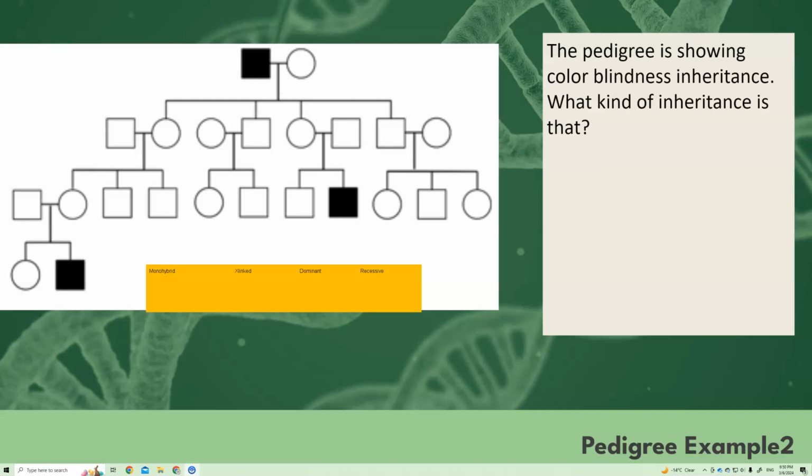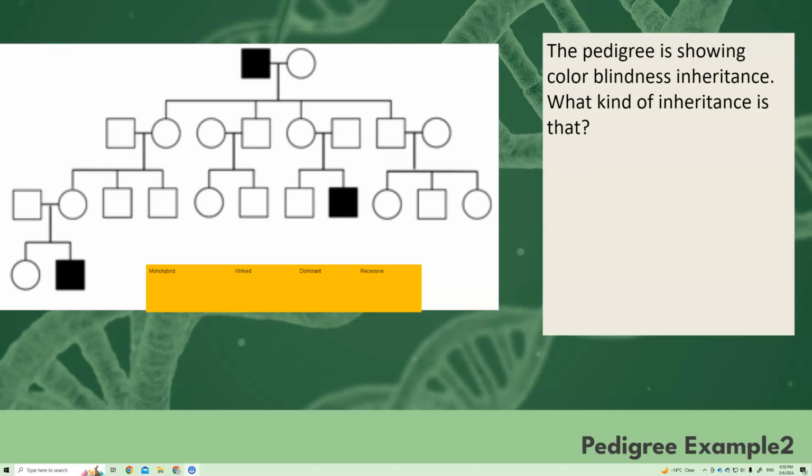In this example, you're going to notice I have 3 individuals who are colored in. They're all male. What you may remember from our learning the other day on X-linked is that when you have an X-linked trait, more males are affected than females. We also specifically talked about color blindness being an X-linked trait.